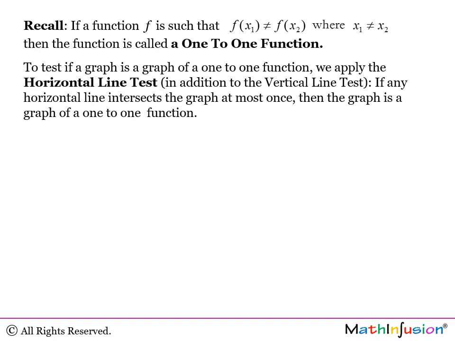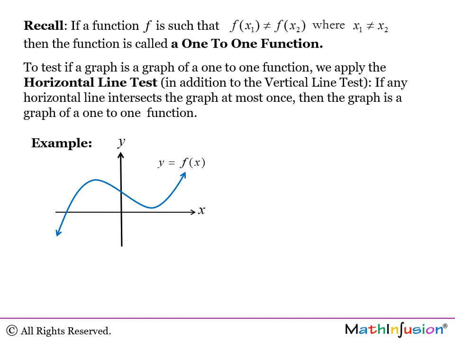To test if a graph is a graph of a one-to-one function, we apply the horizontal line test. Don't forget also that this is in addition to the vertical line test. If any horizontal line intersects the graph at most once, then the graph is a graph of a one-to-one function. I recall this example.